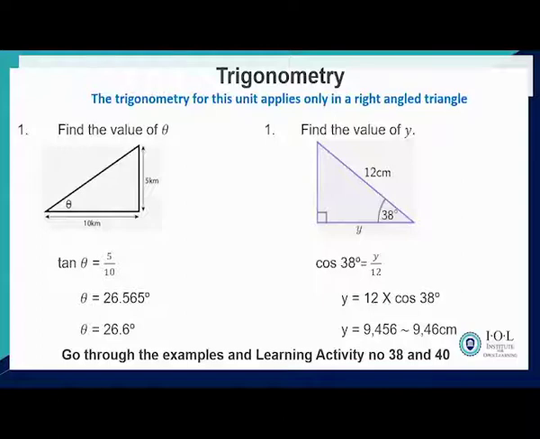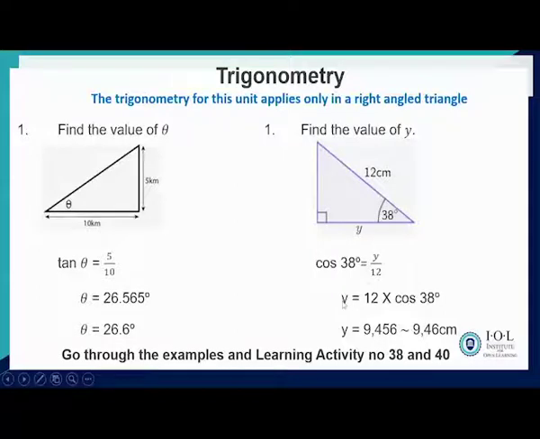I decide y is definitely not opposite, it's not across from me, it's next to me, it's touching me, so it's adjacent. So it's adjacent on hypotenuse.